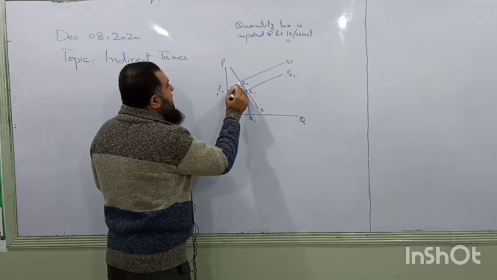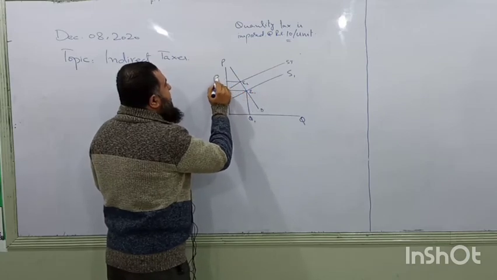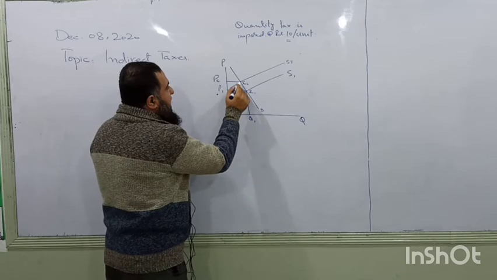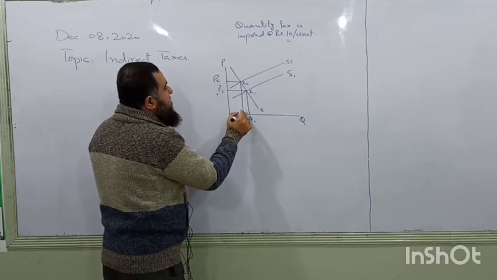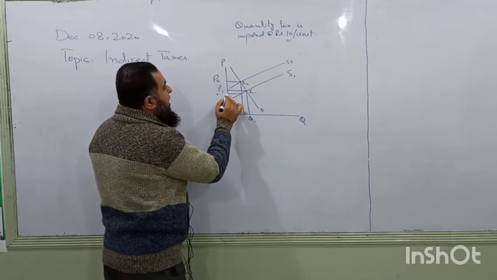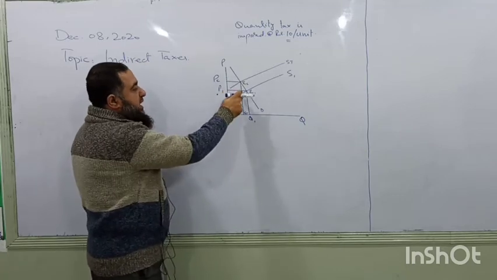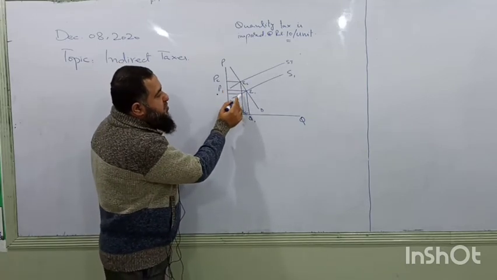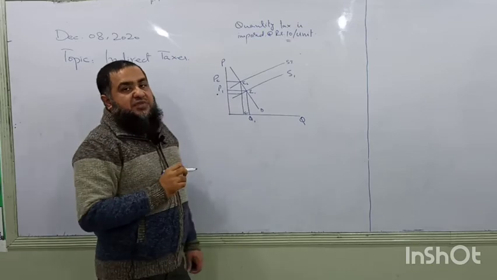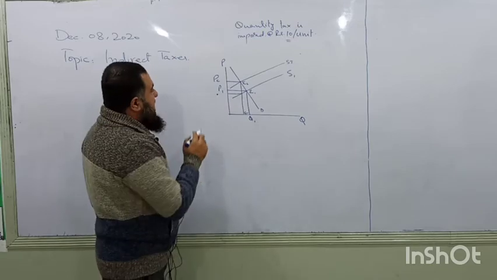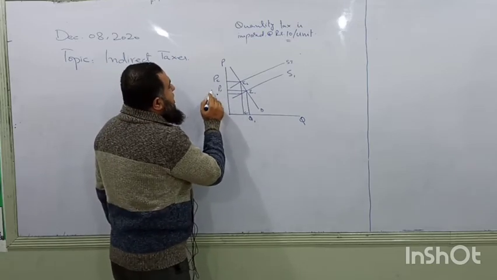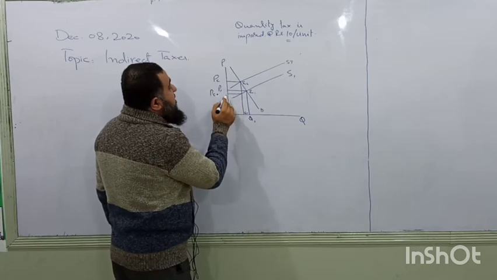Here we find that consumer will pay the upper price and seller will receive the price along his previous supply line, where this perpendicular is intercepting his previous supply line. This will be the price received by the seller after the tax. Now seller is receiving this price.